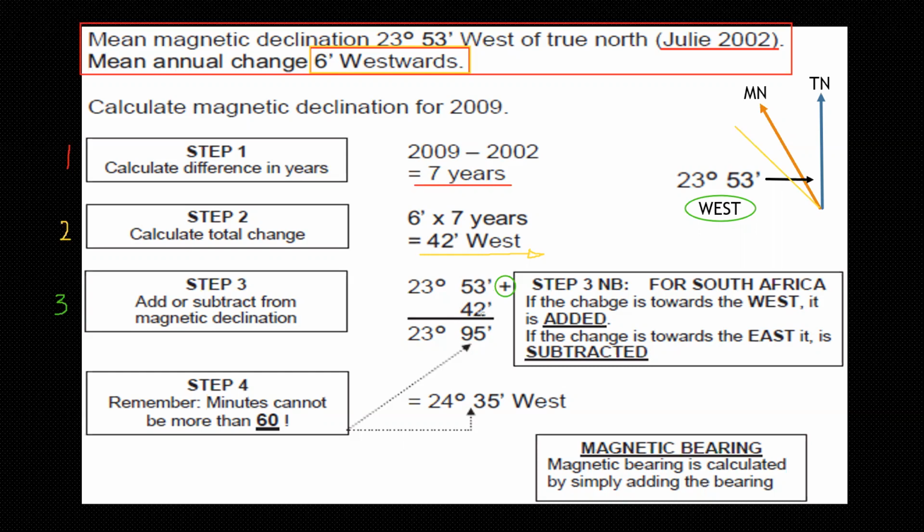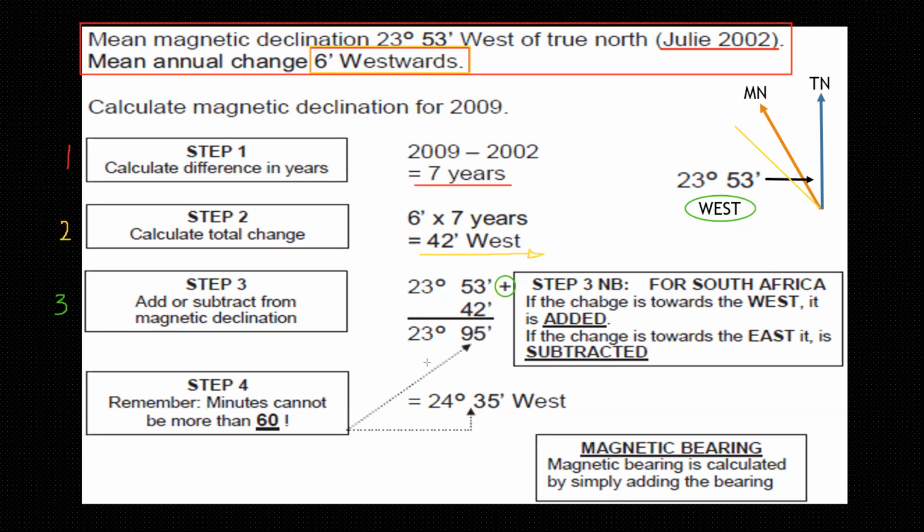So 3 plus 2 will give you 5. 5 plus 4 will give you 9. And then you bring down the degrees, and then your new answer will be 23 degrees and 95 minutes. But remember, minutes cannot be more than 60. So we need to add on 1 more degree.